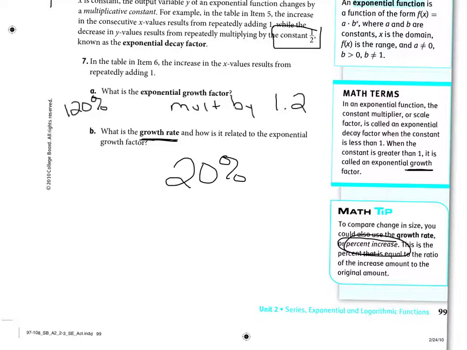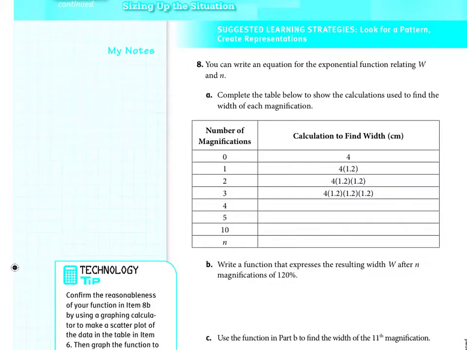So let's think about how we could write the function for that. Well, we started with 4. On the second one, we multiplied 4 by 1.2. We took that result and multiplied again by 1.2. We took that and multiplied by 1.2 again.